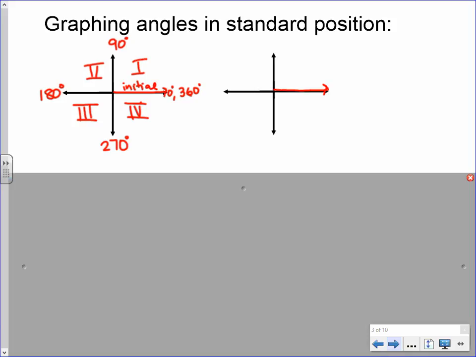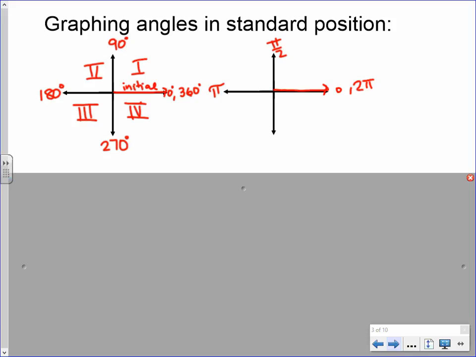Now let's talk about radians. We would start at 0 radians. What did we say was the same as 180 degrees? Pi radians. So what would 90 degrees be the same as? Pi over 2. Now we know all the way around is 2 pi radians.